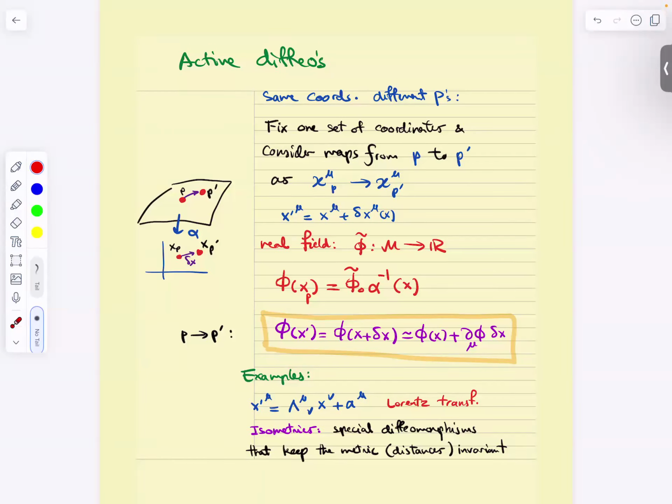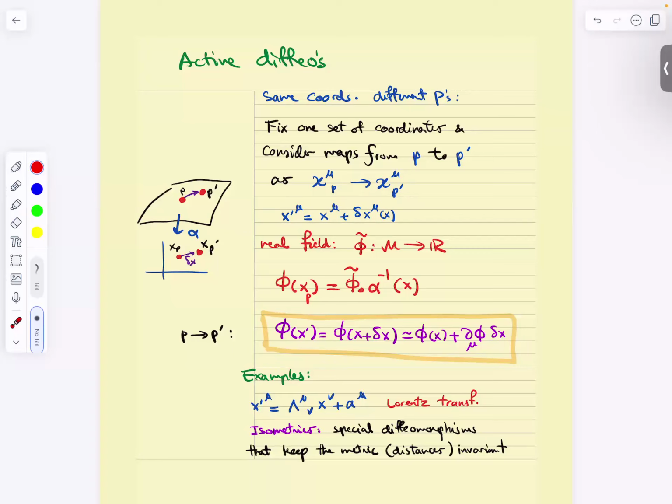All right, so let's move the point P to P prime and use one chart. Under the map alpha, P goes to x of P and P prime goes to x prime. So here's a transformation delta x. Every time I wrote delta of x mu on the previous slide, this is what I meant. Now as P goes to P prime, x mu of P goes to x mu of P prime.